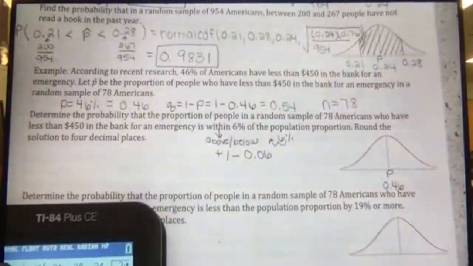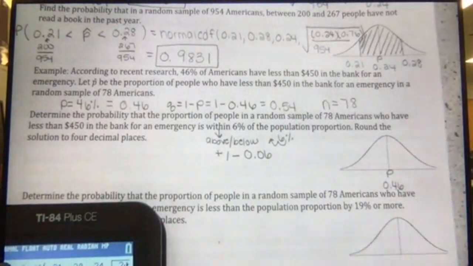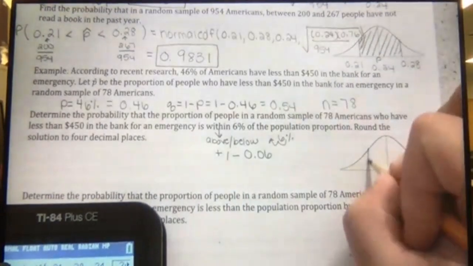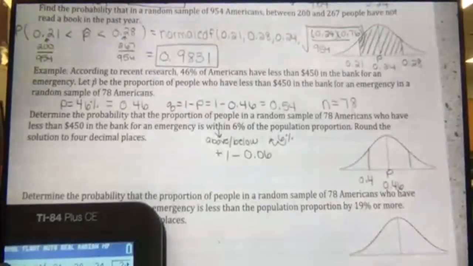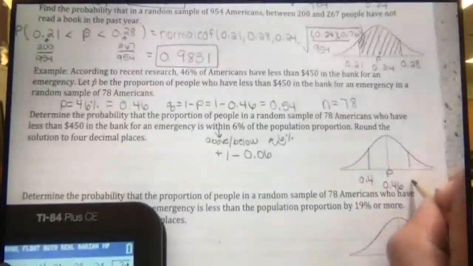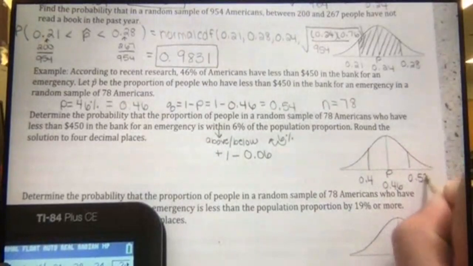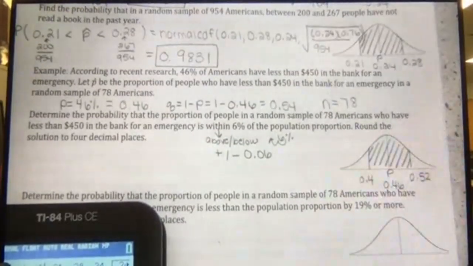So 0.46 minus 0.06 would give us 0.4 for our lower boundary. And going above, 0.46 plus 0.06 would give us 0.52. And we're trying to find the area between, the probability that it will be between the two.